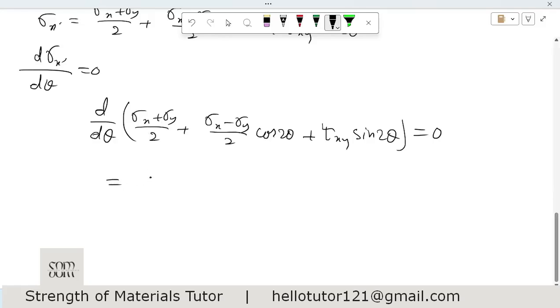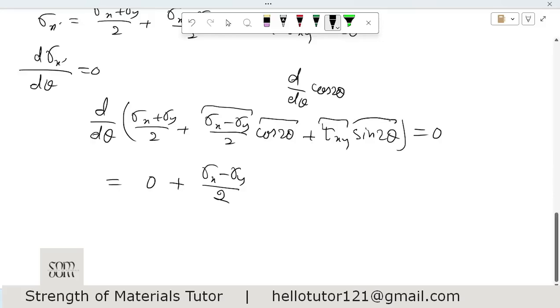So it is going to be 0 plus, now sigma x minus sigma y by 2 is constant, but this is variable, because theta is the variable, theta changes. So the constant will stay outside and we will find the differentiation of this. So it is sigma x minus sigma y by 2, and then d by d theta of cosine of 2 theta. Similarly here tau xy will stay outside, then we have d by d theta of sine of 2 theta.